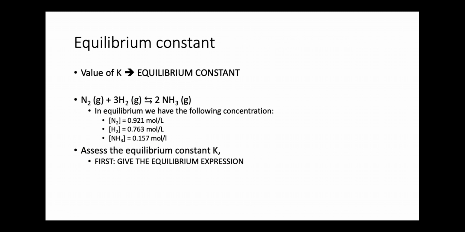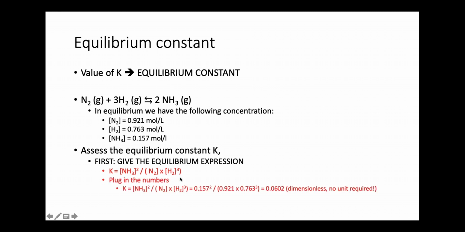So if I have values for my concentrations, expressed in moles per liter, then I can assess the value of K, and that's what we call the equilibrium constant. So what we do, first we give the equilibrium expression. So we have the same reaction. K is NH3 to the power of 2, products, divided by reactants, so the concentration of N2 times the concentration of H2 to the power of 3.